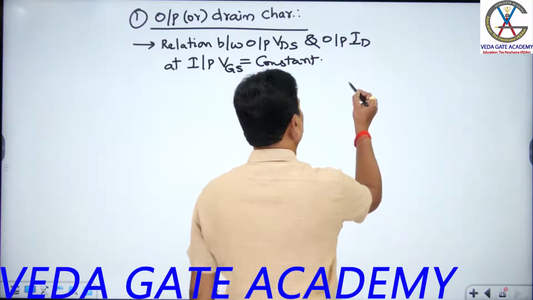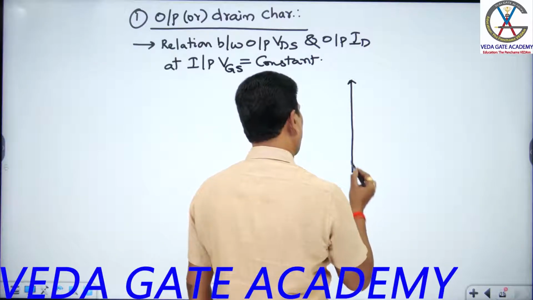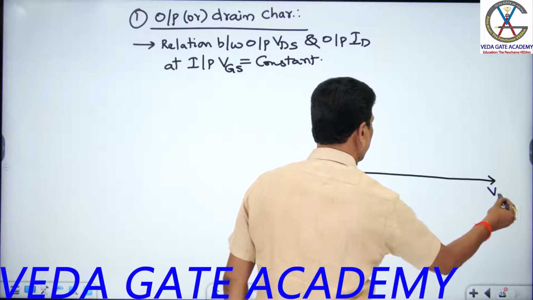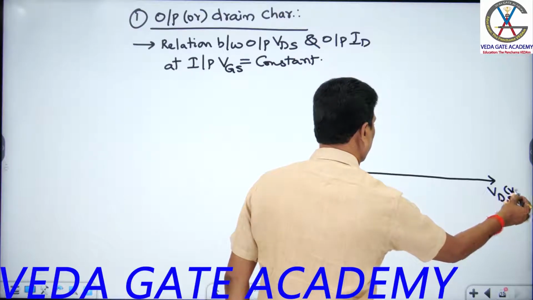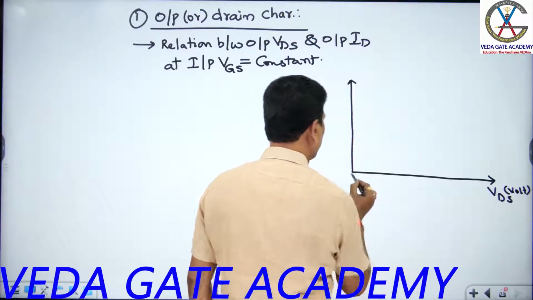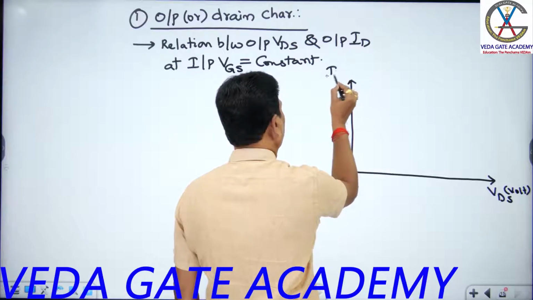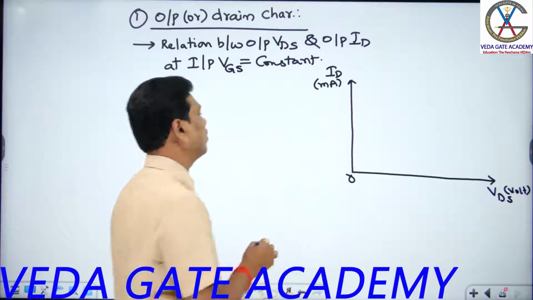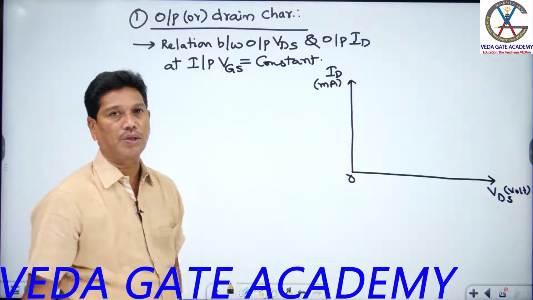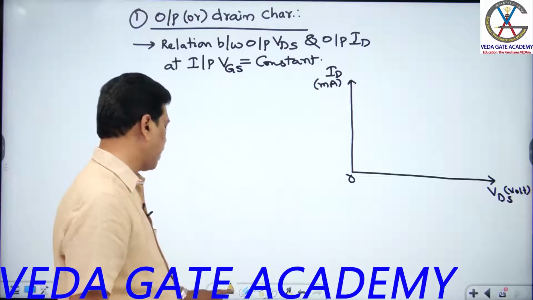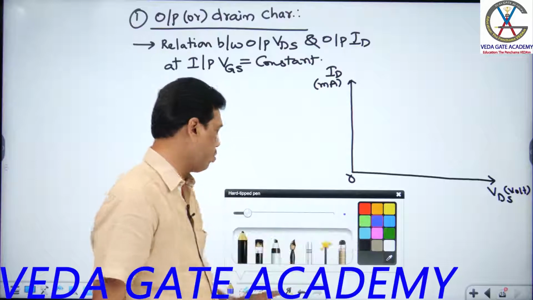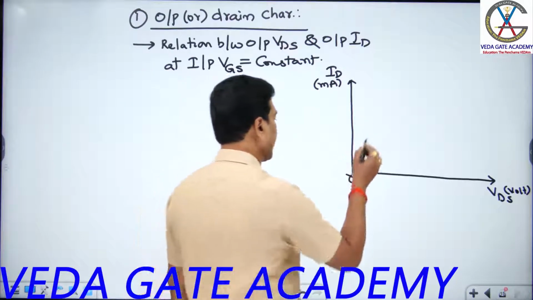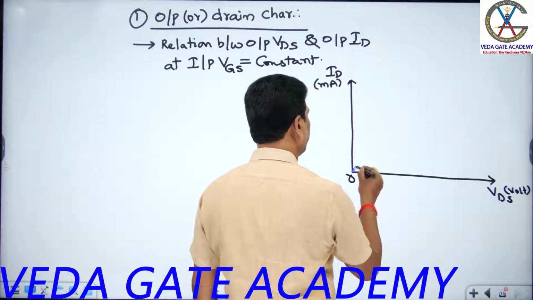See this one now. This is the drain voltage VDS. This will be the drain current ID, which is in milliamperes, students, keeping VGS constant. First I make the graph for the VGS equal to 0 volt case, students, and then I can analyze how it comes.